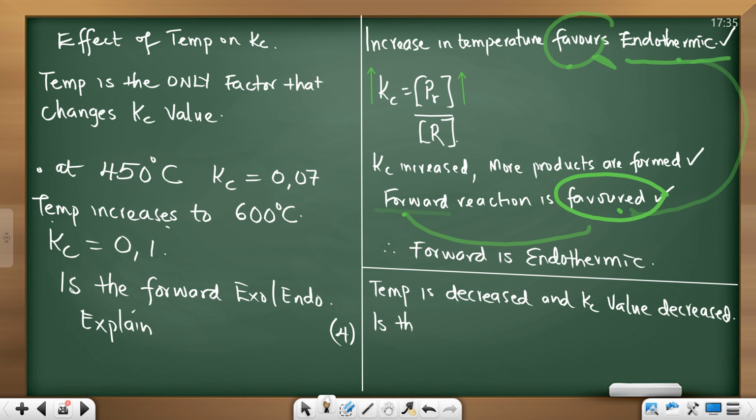Is the forward exo or endo? Just do the exact thing that I did. Is the forward exo or endo? 4 marks. Please be fast. Let's see if you understand what I just did.